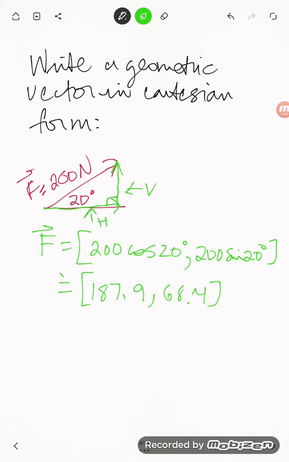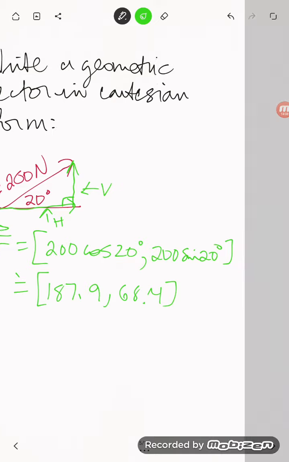Okay, I'm going to do one more example, example 4 in your textbook on the same page. So let me go to the next page for this.